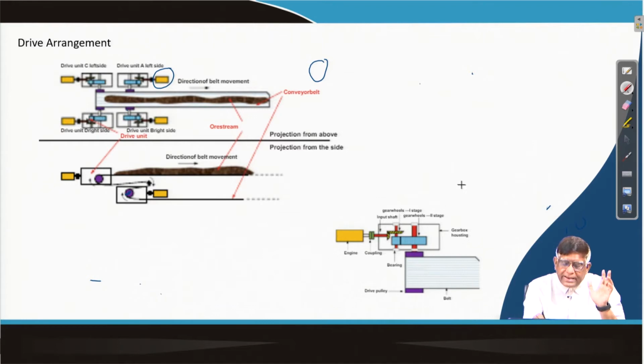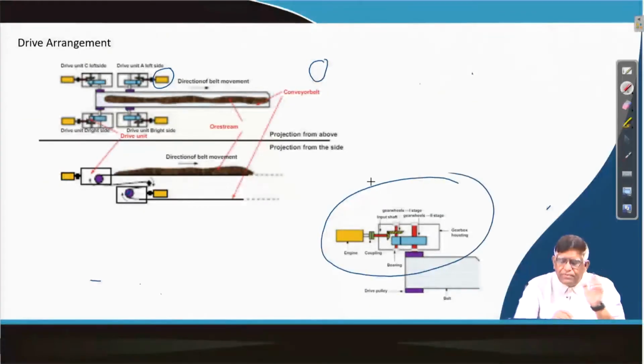Now, while making these arrangements to drive, these components need to be very well decided. Your main motor, that is the prime mover, will have to be coupled with the gearbox.